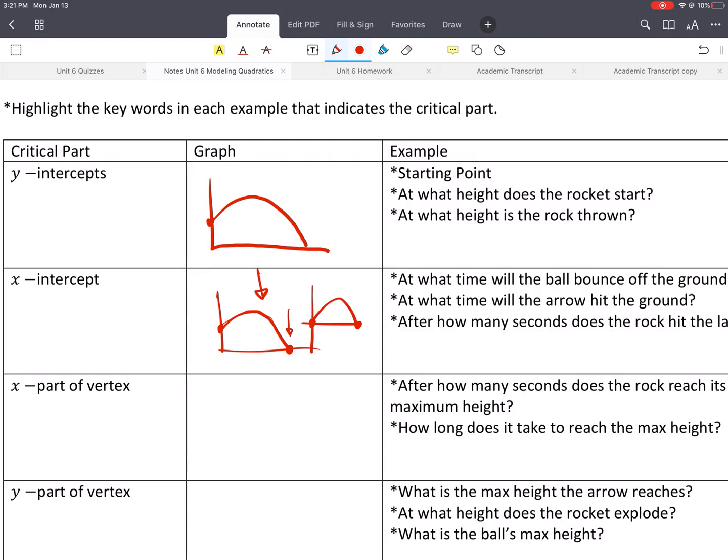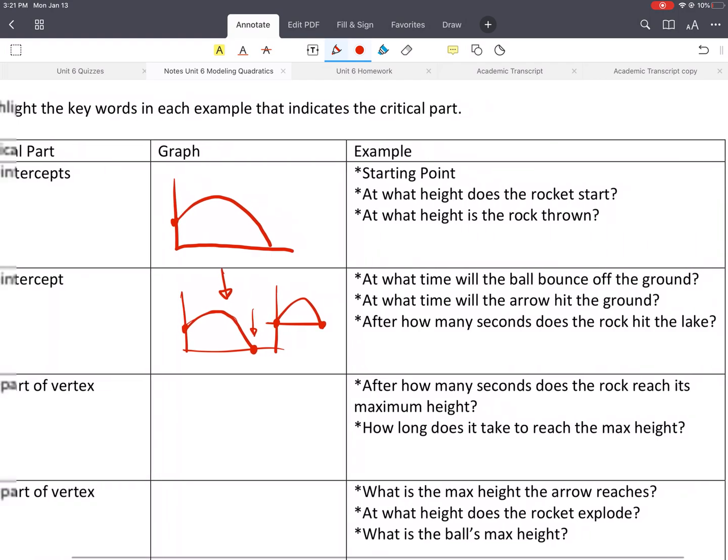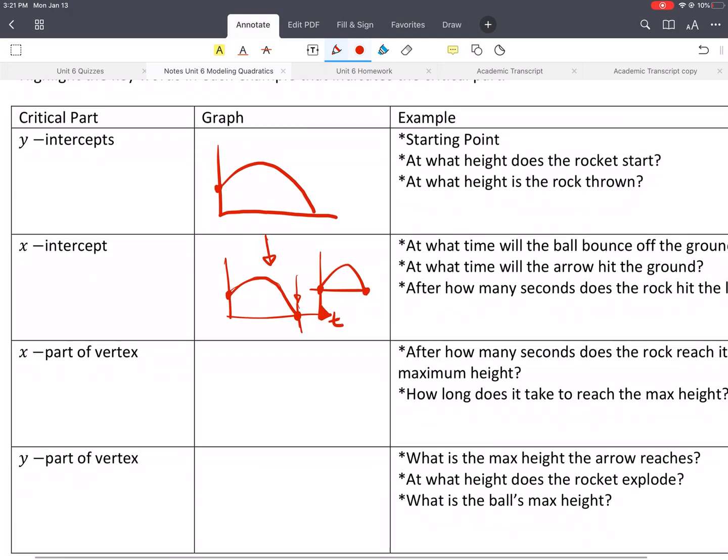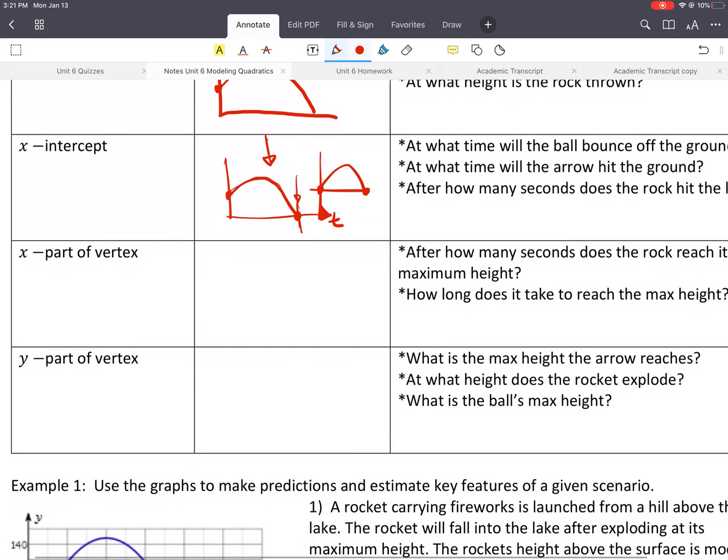Anyways, after how many seconds does the rock hit the lake? Time is always your x-axis if we're talking about time. So here that would be how long it would take for the rock to hit the lake. Those are the types of wording that would make you think, oh, x-intercept.